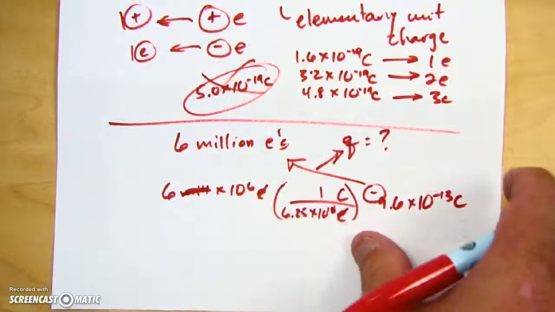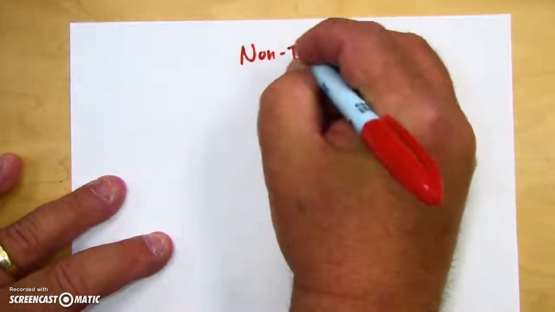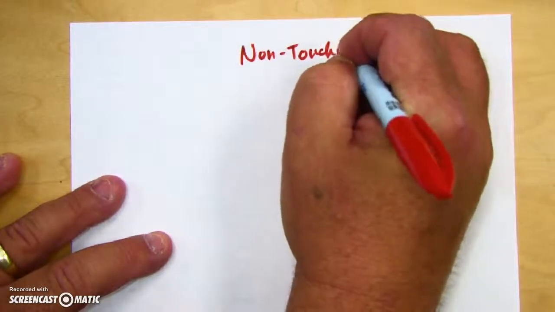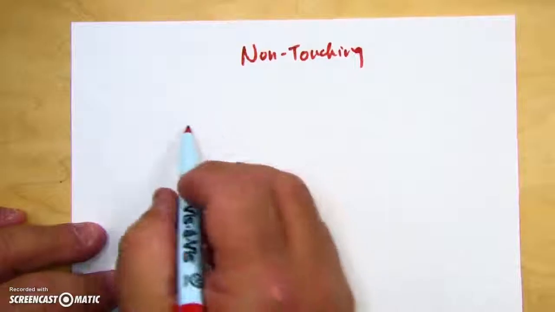Now, let's look at what happens when objects interact. There's two ways objects can interact. Let's go non-touching first. So what I want to do now is I want to make things not touch.